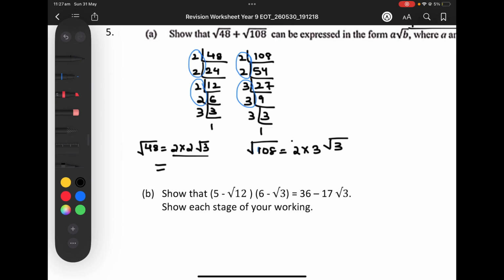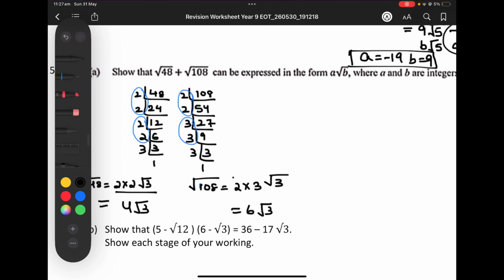So that becomes 4 root 3 here, and this becomes 6 root 3. So you have 4 root 3 plus 6 root 3 is what you have. That becomes 10 root 3.